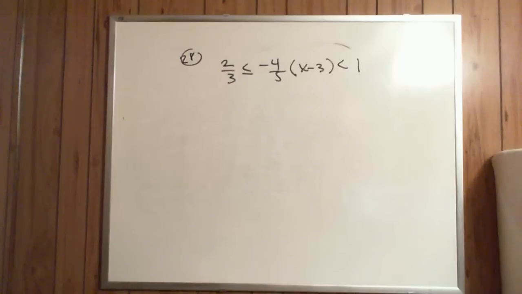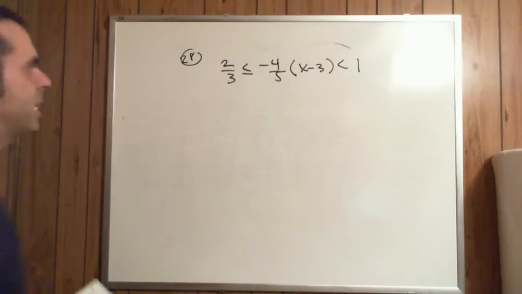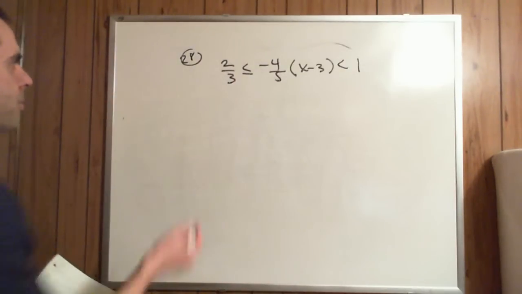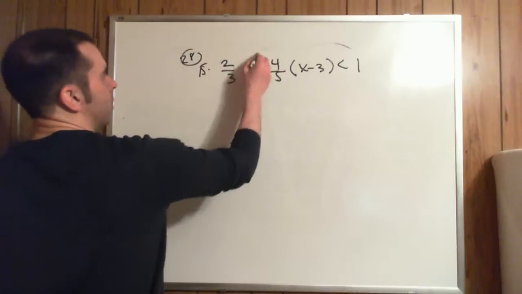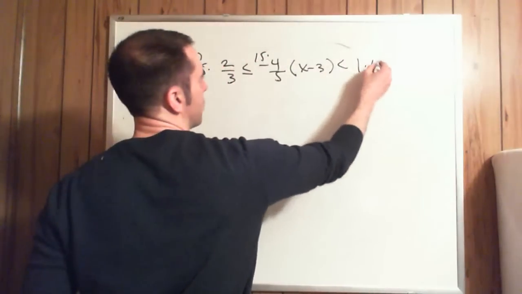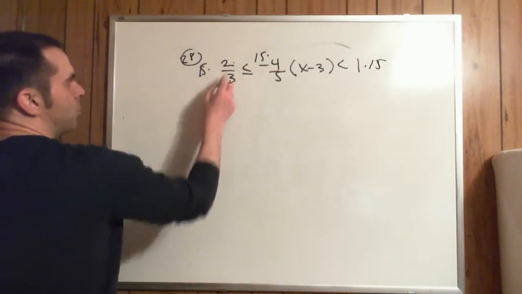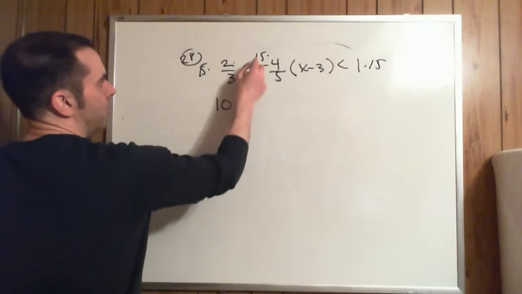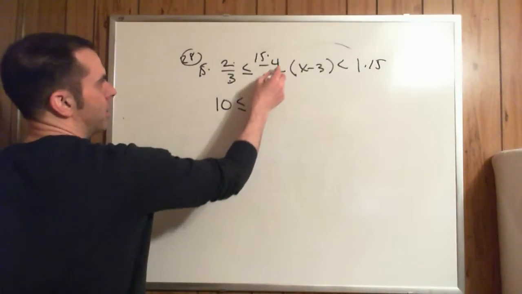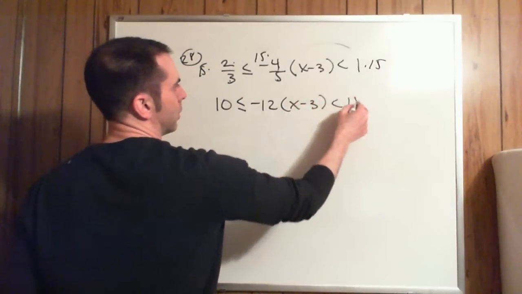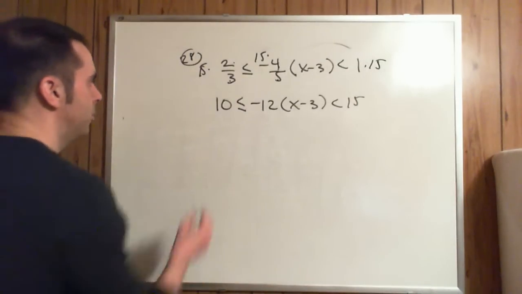So to eliminate the fraction, I'll multiply by 15 because that's the least common denominator between 3 and 5. So 15 times 2/3, 15 divided by 3 is 5, times 2 is 10. 15 divided by 5 is 3, times this is negative 12. Less than 15.